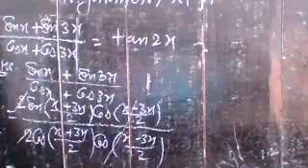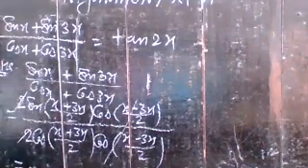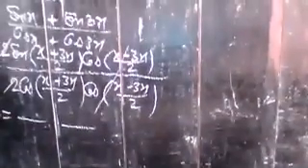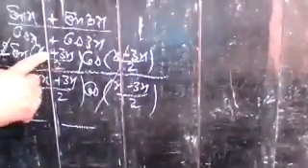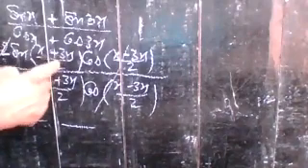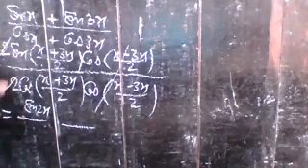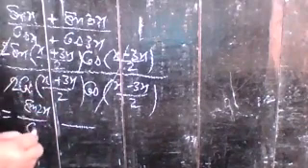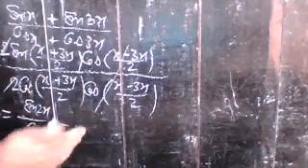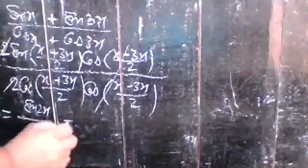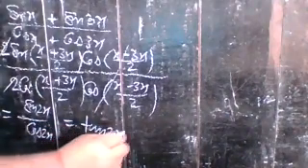Now see what remains here. So sine (x plus 3x), which is 4x, 4x by 2, so write sine 2x. And yes, in the same way, here you have cos 2x. And sine 2x by cos 2x is equal to tan 2x.